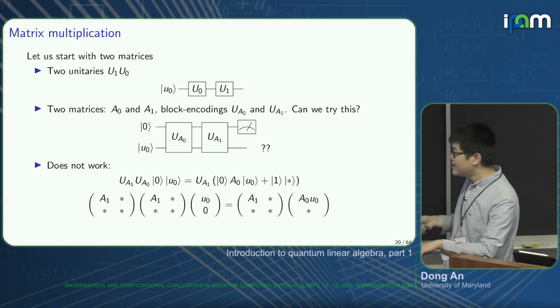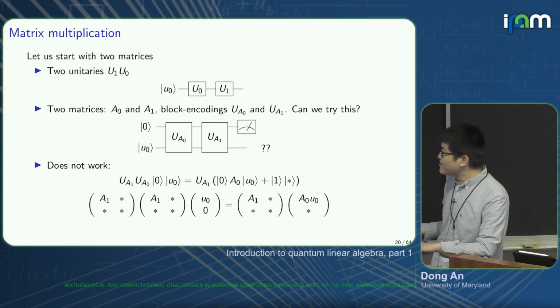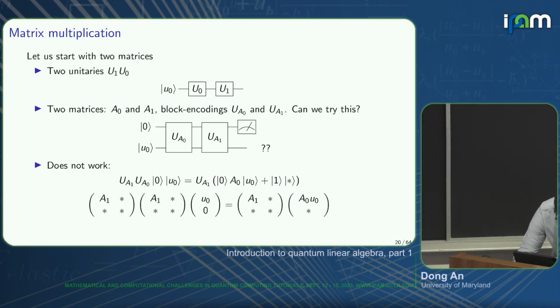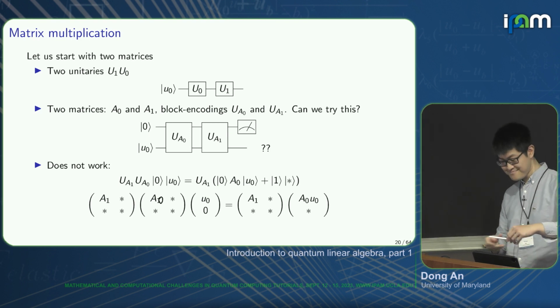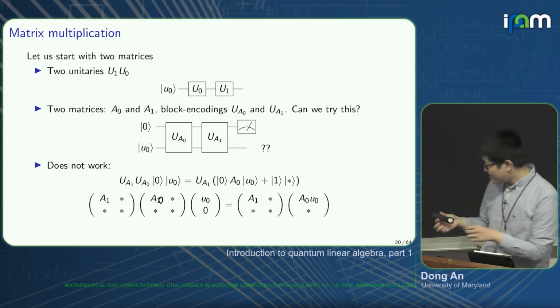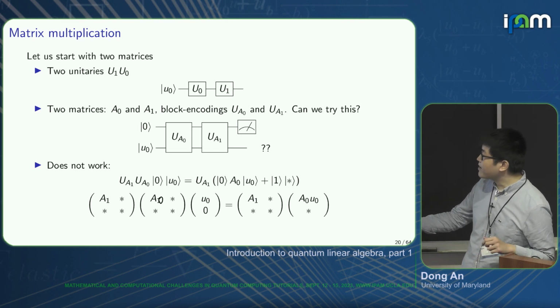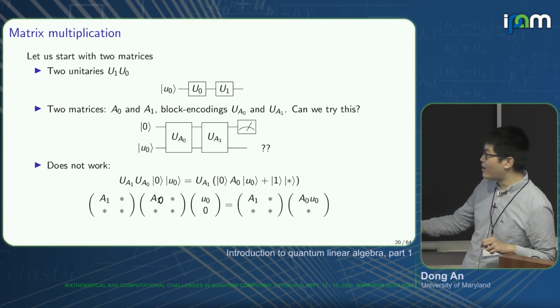If you want to understand this in the matrix language, I think I have a typo right here, let me change that. Okay, so if we see this in the matrix language, we have a block encoding of A0, and a block encoding of A1. We just apply this A0 on my input state U0, 0.